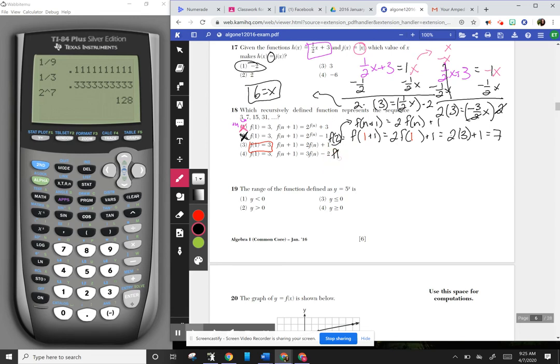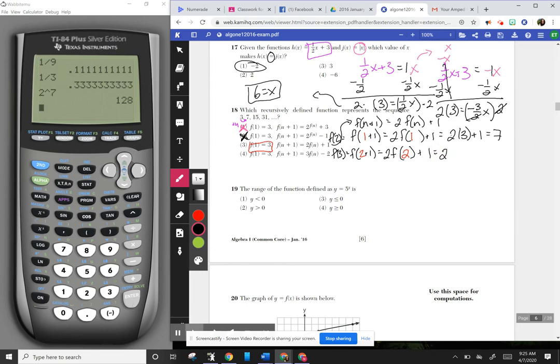So now to find f of 3, we would have to do f of 2 plus 1, which is 2 times f of 2 plus 1.